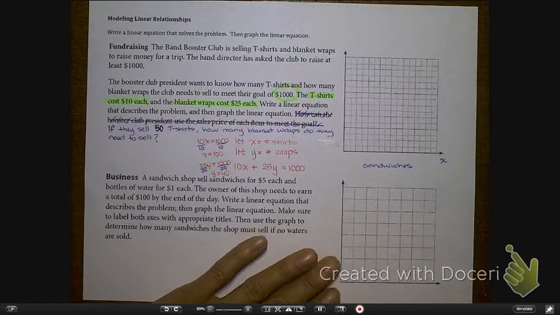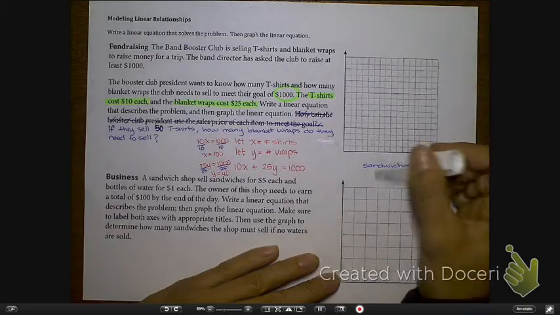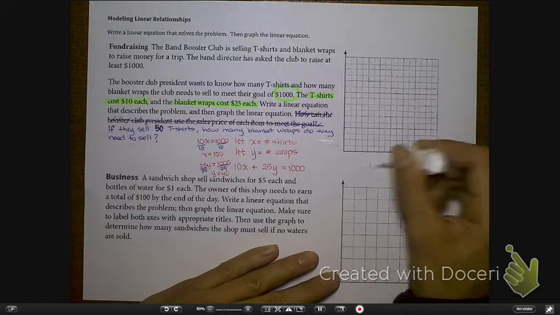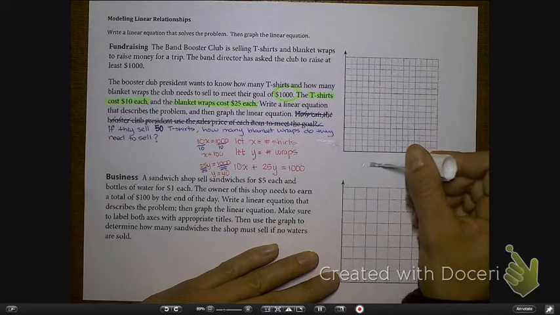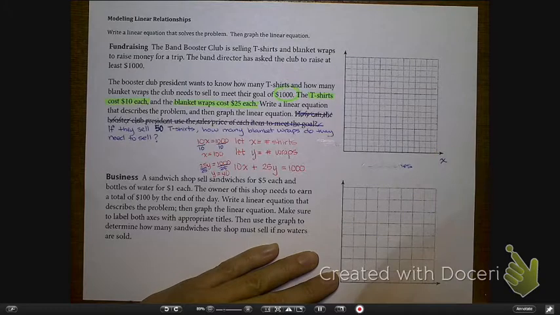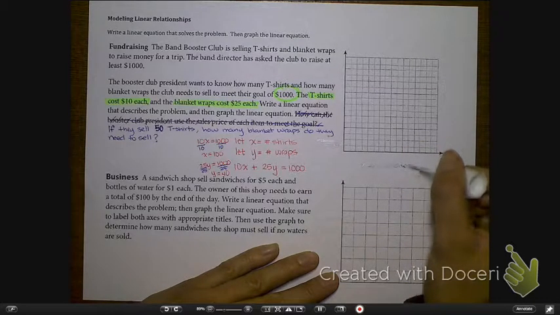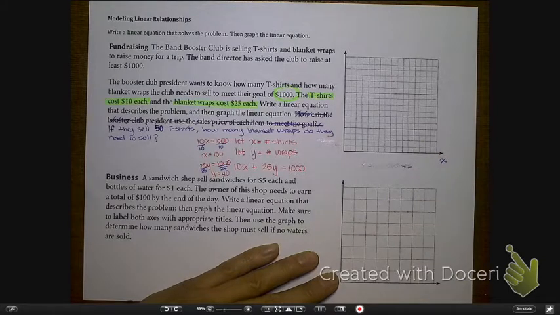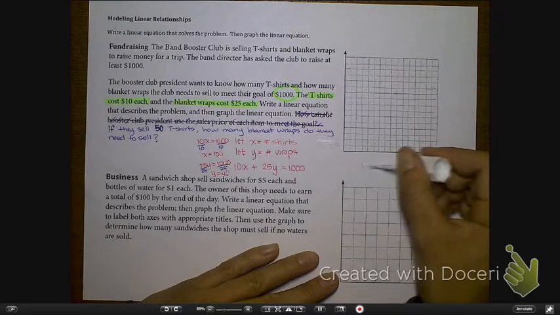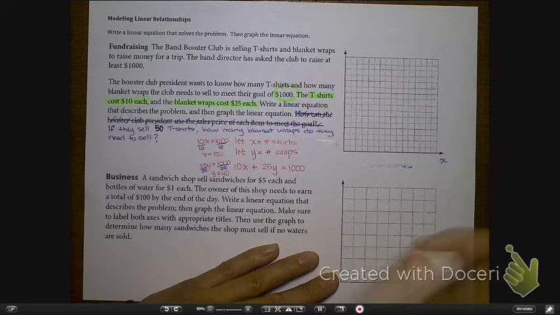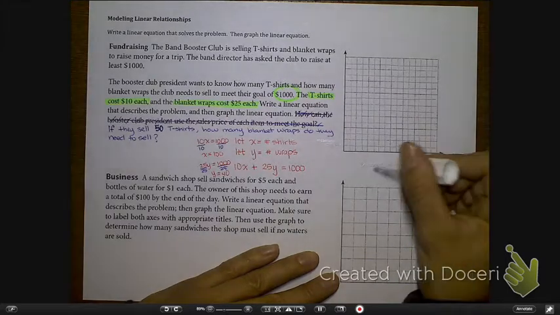X is representing sandwiches. Oh, sorry. I'm thinking of the second problem. Not sandwiches. What is X representing? Shirts. Sorry. I'm thinking of problem 2. What is problem 2 about?